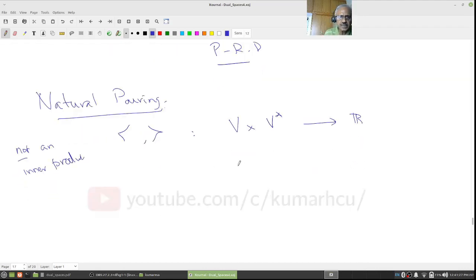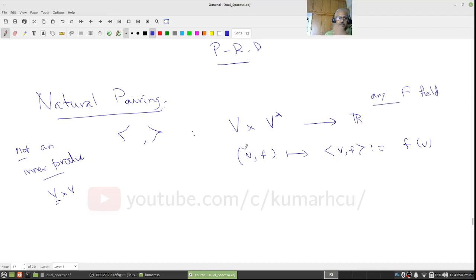So you give me a v and f, then it goes to <v, f>. This by definition is f of v. It's not an inner product, because if it were an inner product it should be on the same vector space, that is, it should be a map from V cross V to R, and second, the vector spaces must be over the field R or C. What I am going to do will be true for any field also.